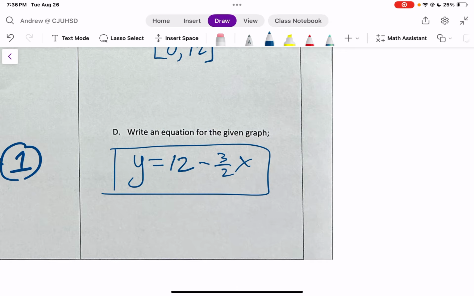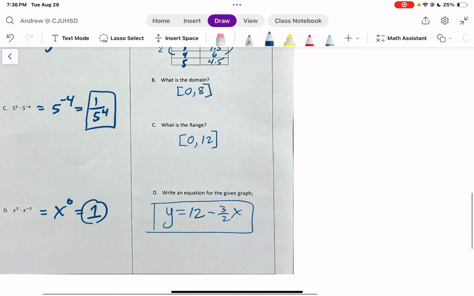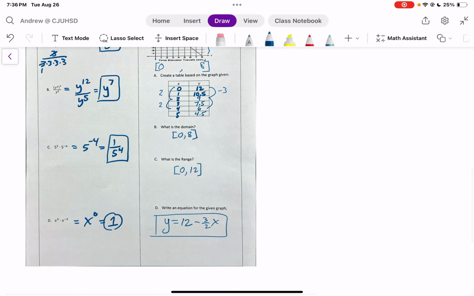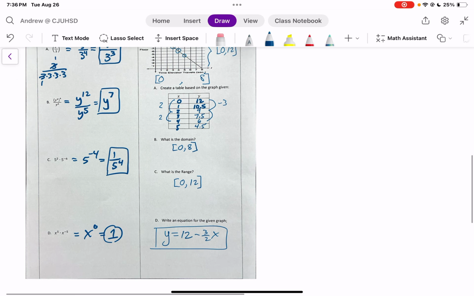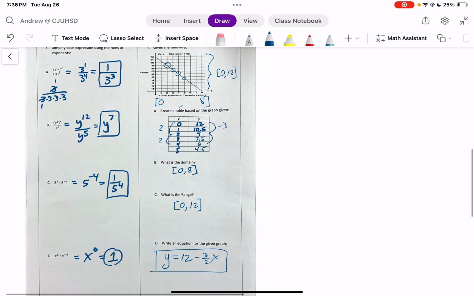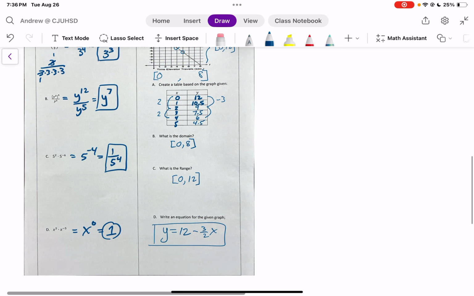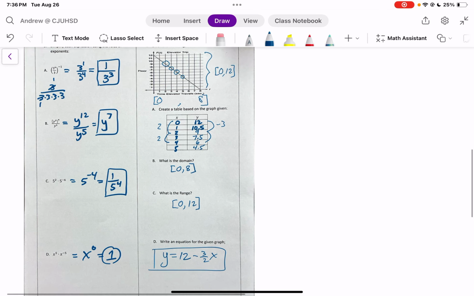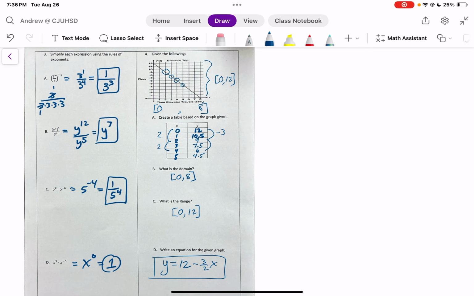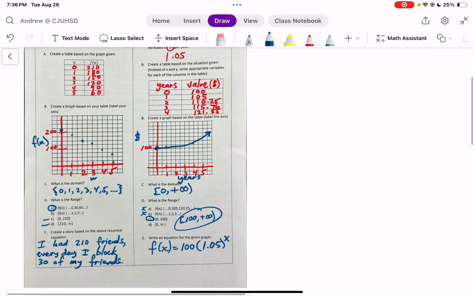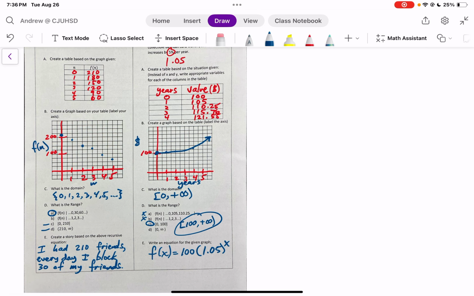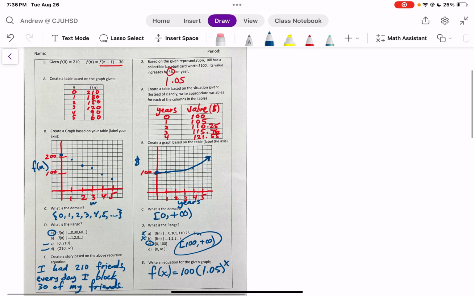Okay, let's see. How would we grade this? Well, I think we would probably do 1 point per part. So on number 4, we have 4 parts. 1, 2, 3, 4, 5. And then 5 parts on 3. So that's a total of 9. And then 1, 2, 3, 4, 5 parts again.